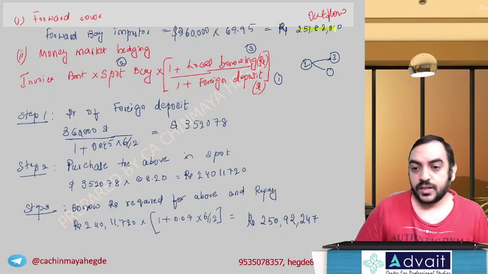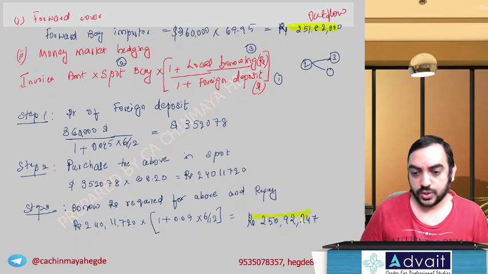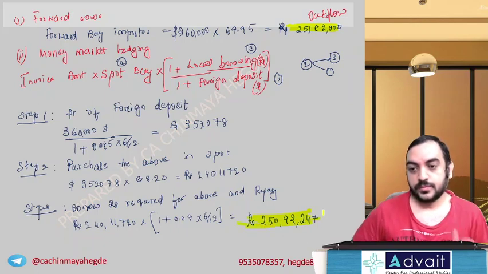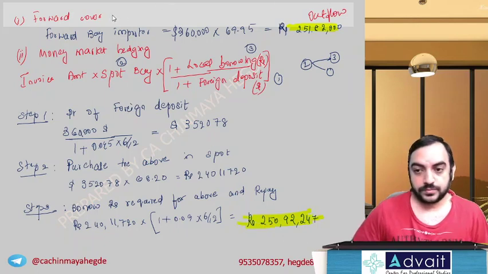So here we have 2 crore 82 and here we have 2 crore 50. Because of the decimals, some round off can be different, but approximately this is the one.